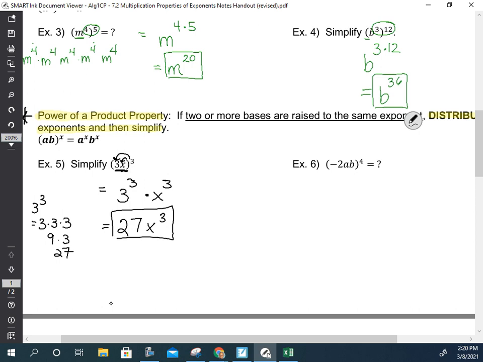Let's do example 6. How many things are inside parentheses? 3. That means every single one of them is getting raised to the 4th power. So you're going to distribute it 3 times. Negative 2 to the 4th, a to the 4th, and b to the 4th.